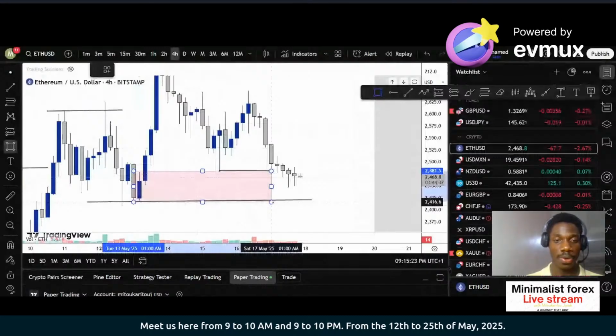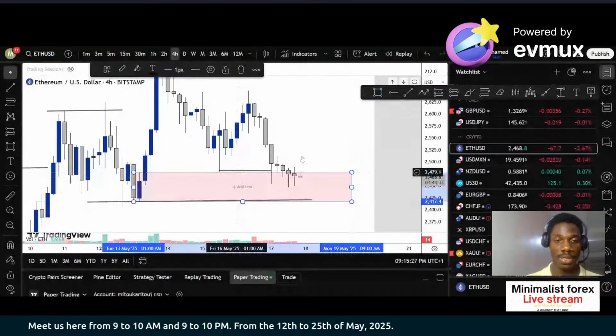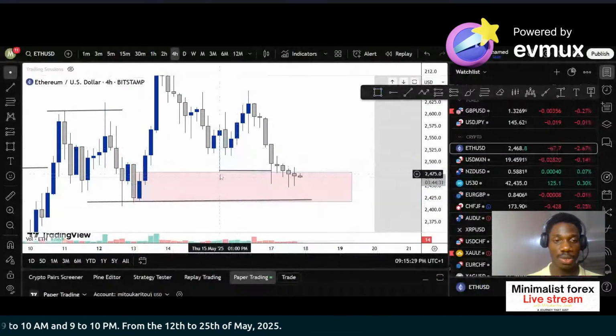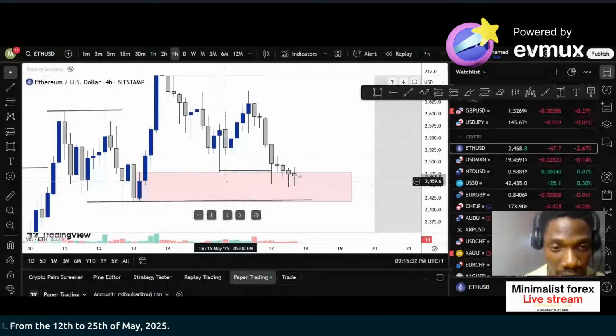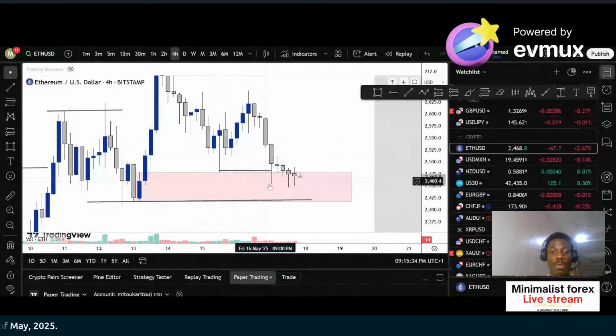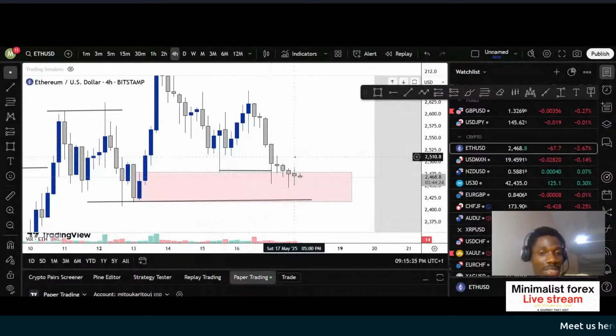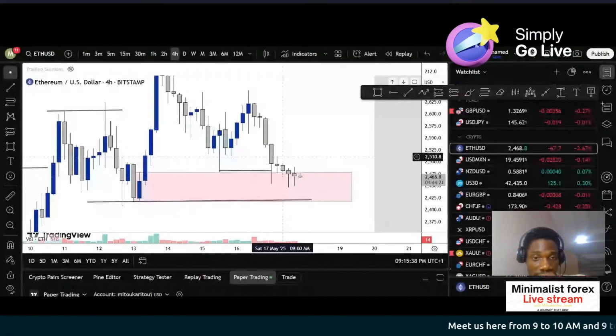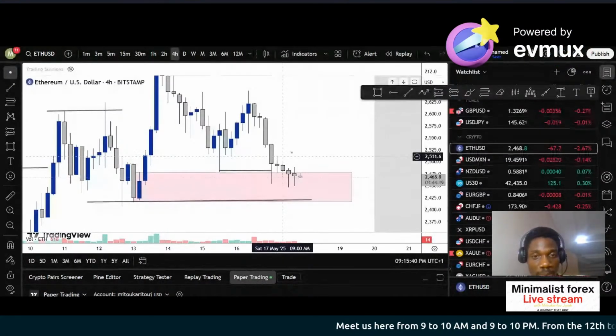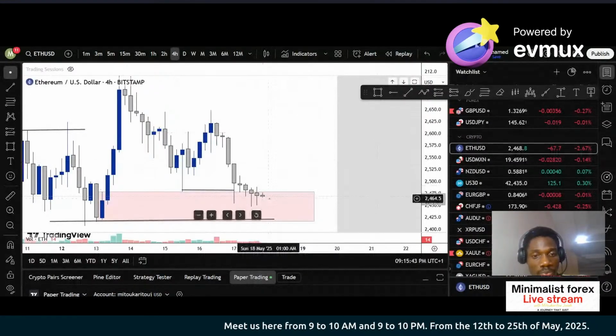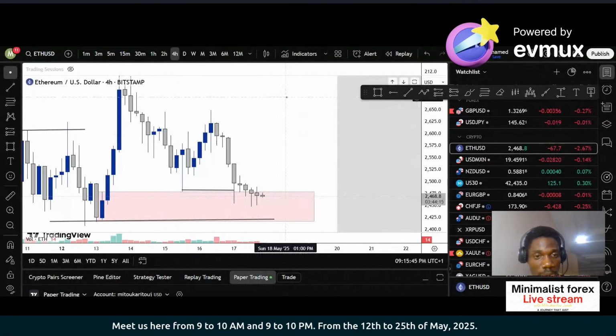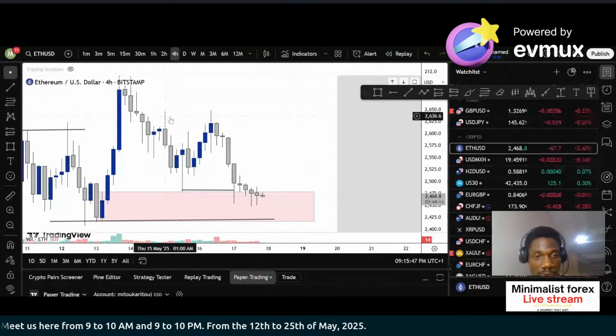There's a demand zone here. This is the daily demand zone. Price came to it, rejected off it. It didn't get into that area, but it just went up and then eventually came down. That's why you're seeing all these reactions. So we're expecting price to now shift in some way, just shift temporarily and tap into liquidity at the top, all right, and eventually fall.